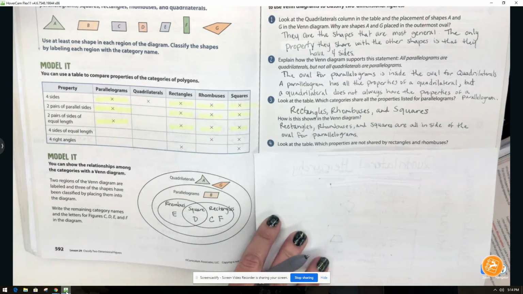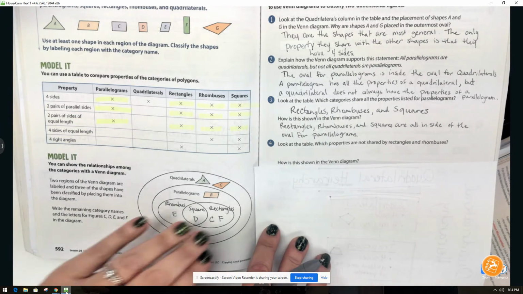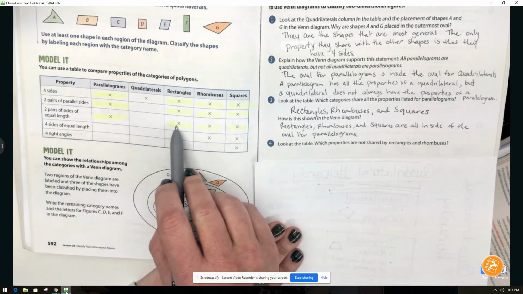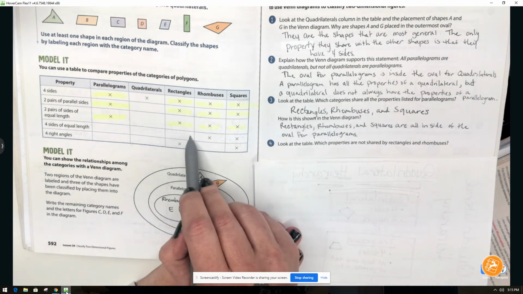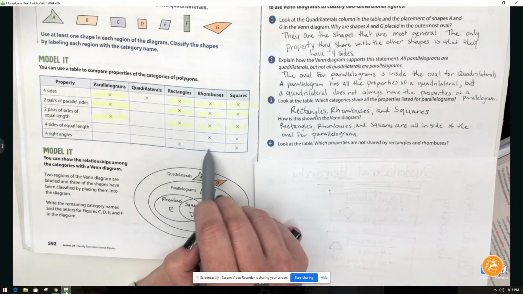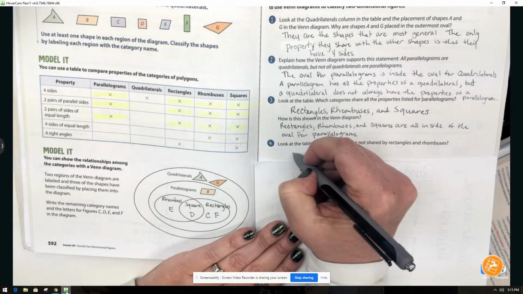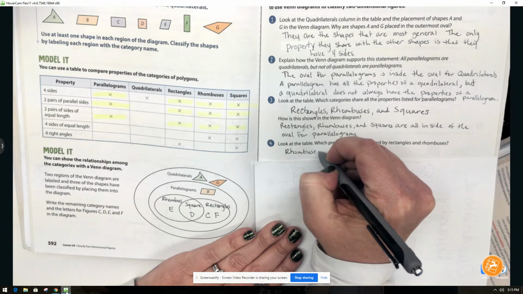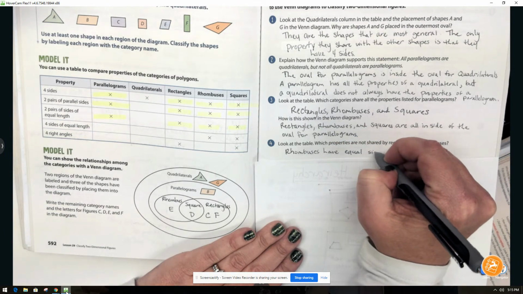Number 4, looking at the table, which properties are not shared by the rectangle and the rhombus? If we look at rectangles and rhombuses, which properties are not shared? I'm going to say rhombuses have equal sides.